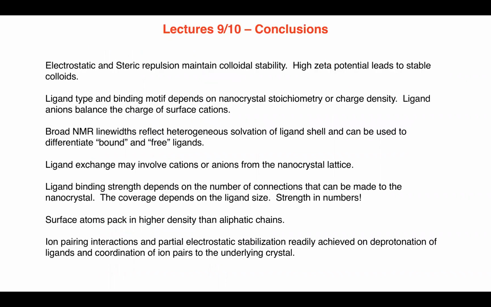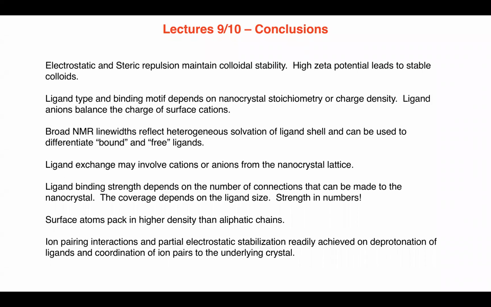Okay, so I think I went through some of this. Let's just look over again. High zeta potential is very important if you want electrostatic stabilization, right? To know the charge neutrality of the crystal, you need to know the stoichiometry of the object. NMR spectroscopy is really useful here because of the breadth of the signal from bound ligands.